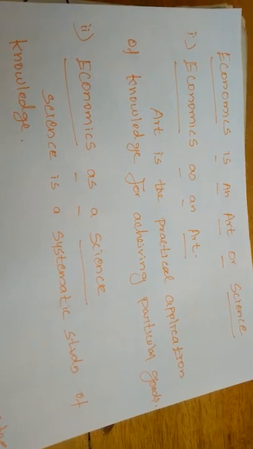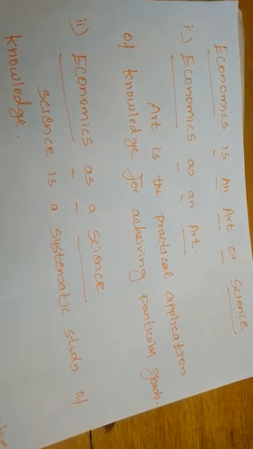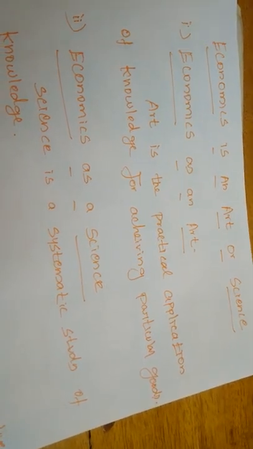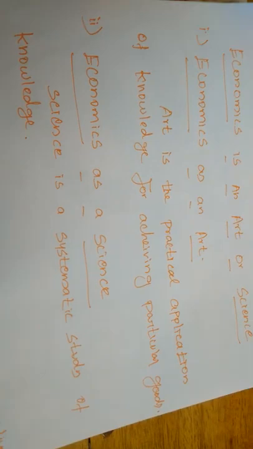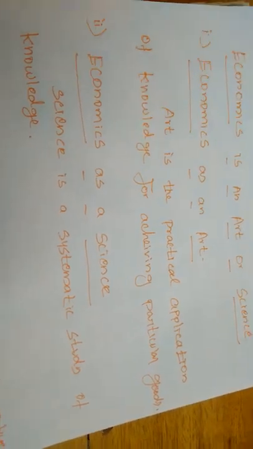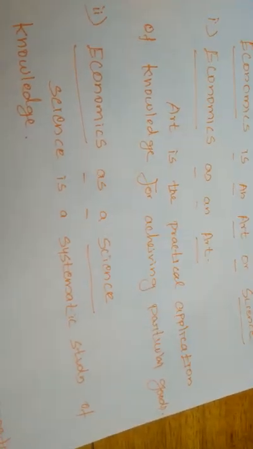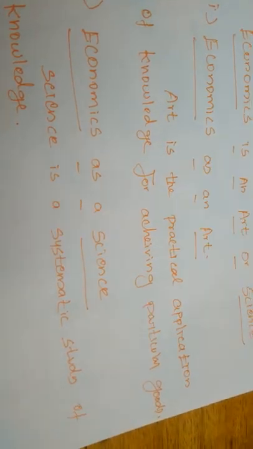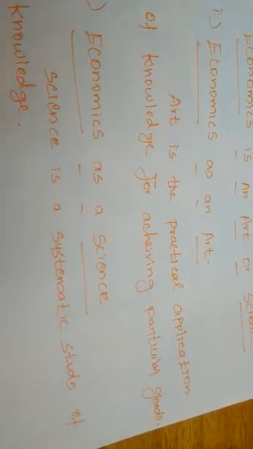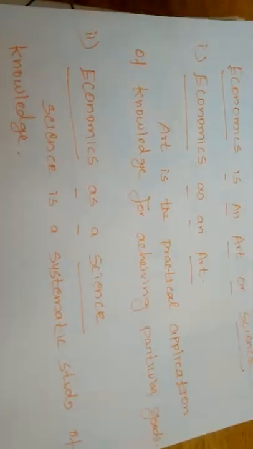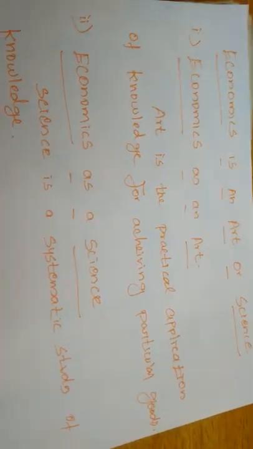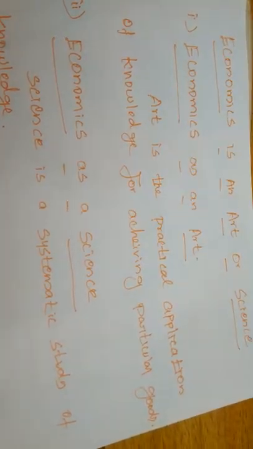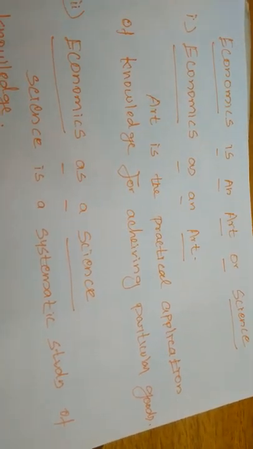Not only that, if you want to achieve particular goals, we can apply practical economic knowledge. In this area, we can consider economics as an art. And not only that, economics provides guidelines for the solution to all economic problems. All economic problems simply means the basic economic problems: what to produce, how to produce, for whom to produce.